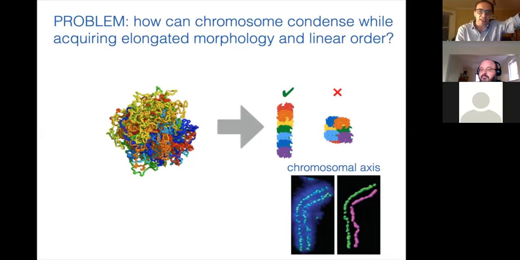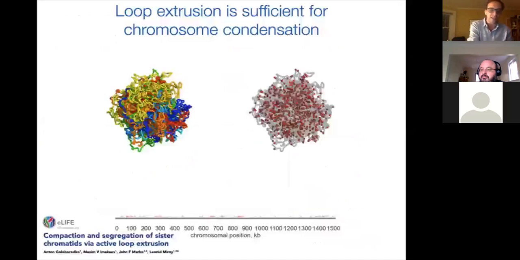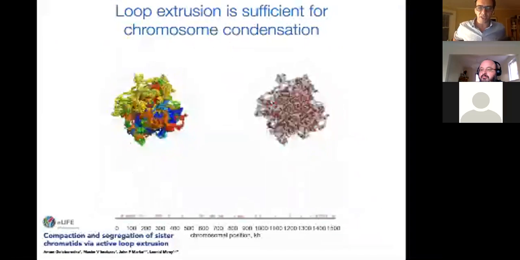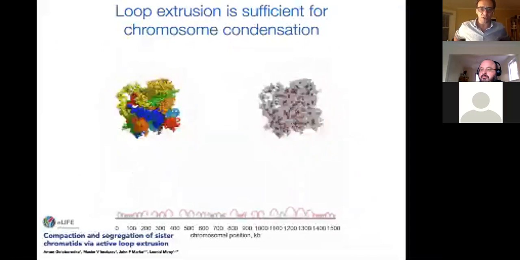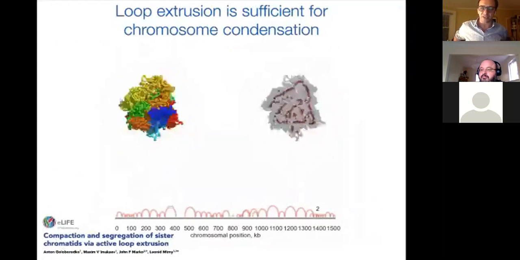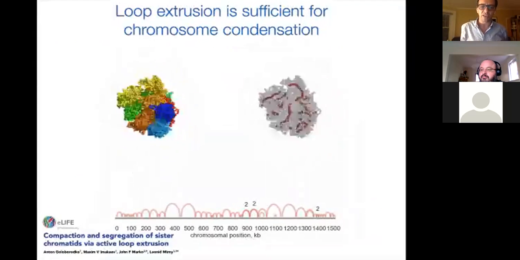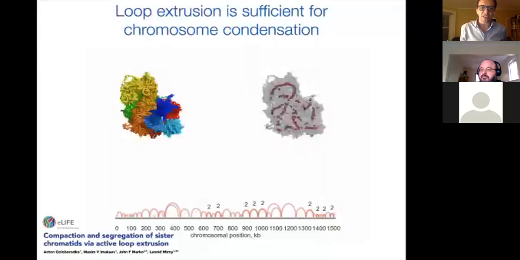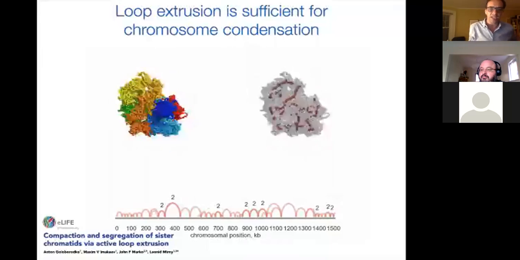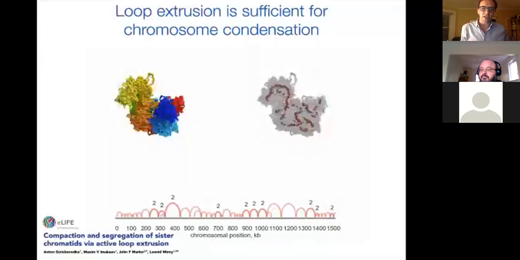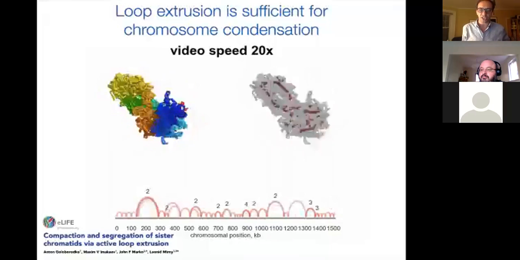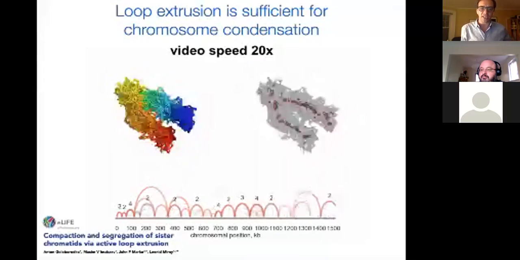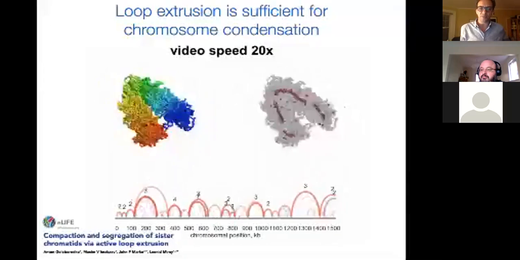So what we did, we looked again in this dense regime and simulated loop extrusion in the dense regime. That's what you're going to see now on the screen. These are simulations. On the left, you see a chromosome, and on the right, you see the same chromosome in our simulations, and loop extruders are seen as these little red dots. What you see is that the initially random jumble of DNA gradually starts forming this extended structure, with colors being separated, meaning that it's sequentially ordered along the chain like chromosomes are, and it forms this beautiful scaffold.